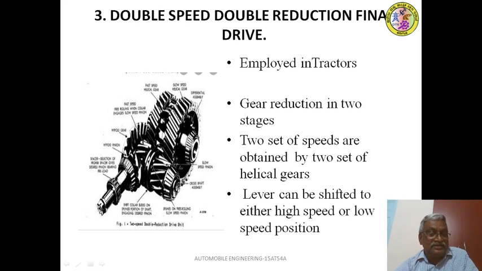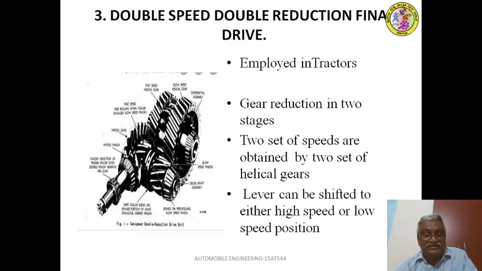With this arrangement, if the main gearbox has 4 forward speeds, then in the low speed position of this gear lever, you are going to get 4 speeds, 1, 2, 3, 4. And if the driver shifts the gear lever to high speed position, then you are going to get another set of 4 speeds. Like that, with the same gearbox, it is possible to get 8 speeds. That's why it is called double speed, double reduction final drive.